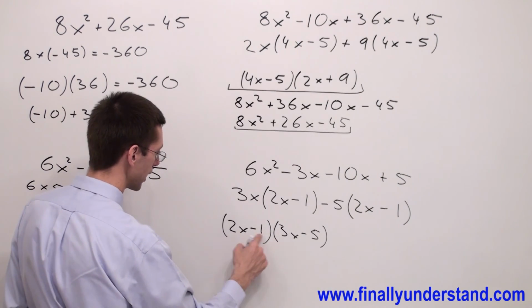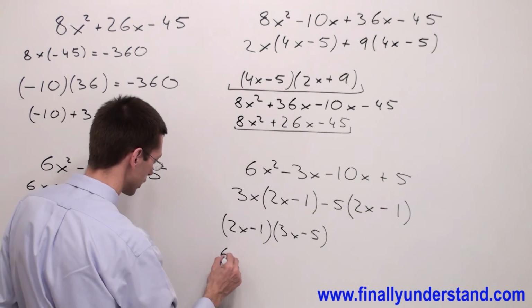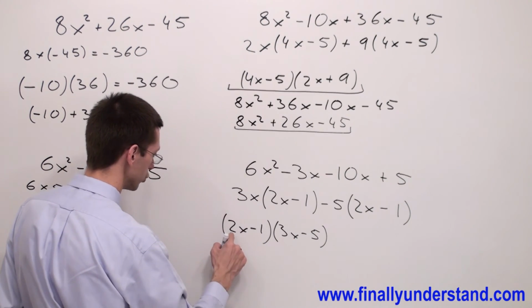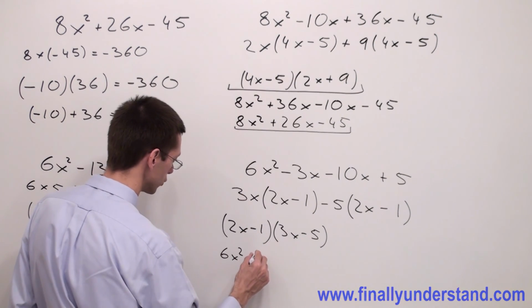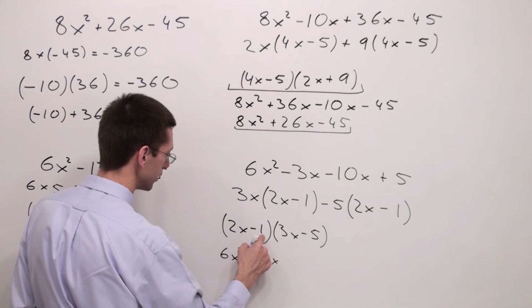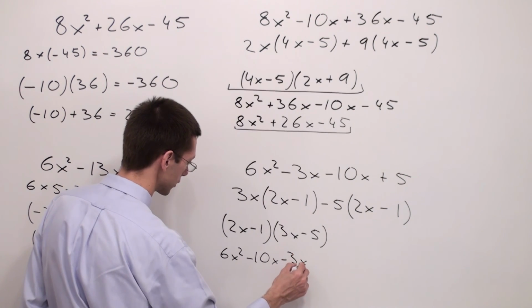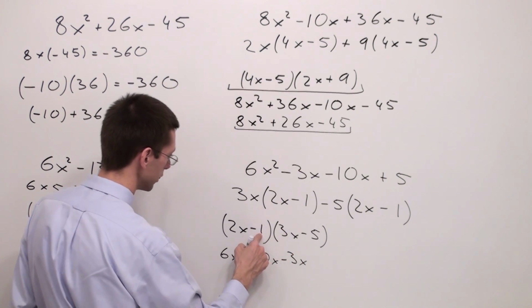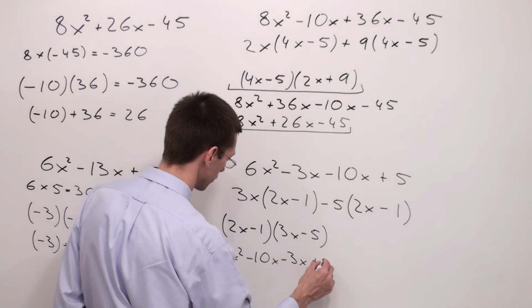2x times 3x gives me 6x squared. 2x times minus 5 gives me minus 10x. Minus 1 times 3x is minus 3x. Minus 1 times minus 5 is positive 5.